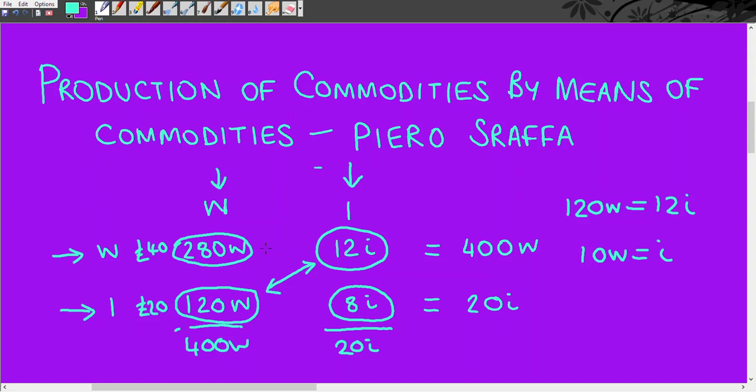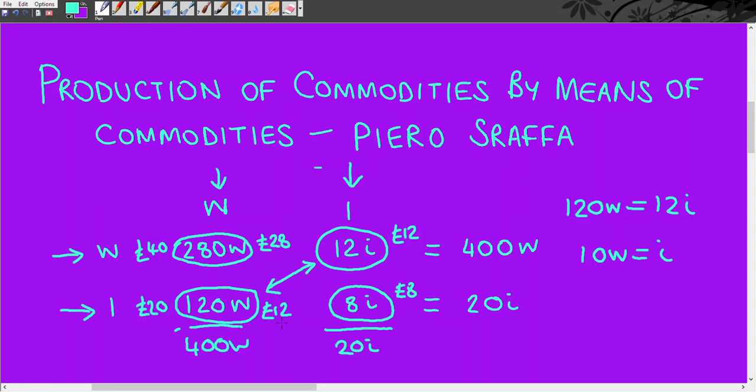So now we can see the amounts that each part of the product gets. Here, this is 28 pounds. Here, this is 12 pounds. Here, this is 12 pounds because it's 20 divided by 20 times 12, and here's 8.